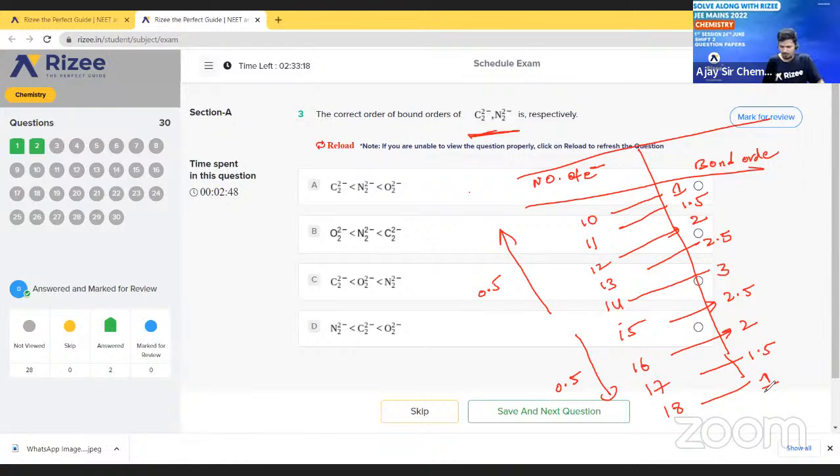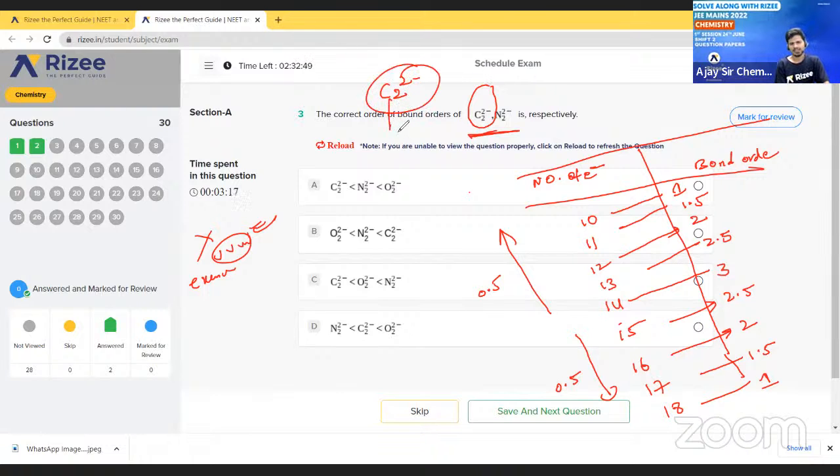So now you know the trick, and here we have exceptions. Very important, note this. In bond order, exceptions are there. Just see here, first C2 2 minus. Generally carbon has 6 electrons, but here C2 is there.